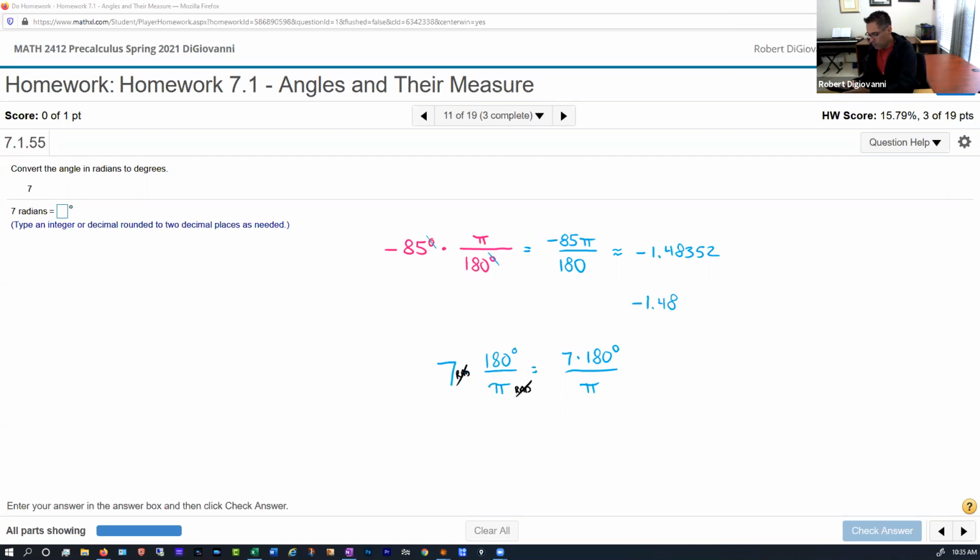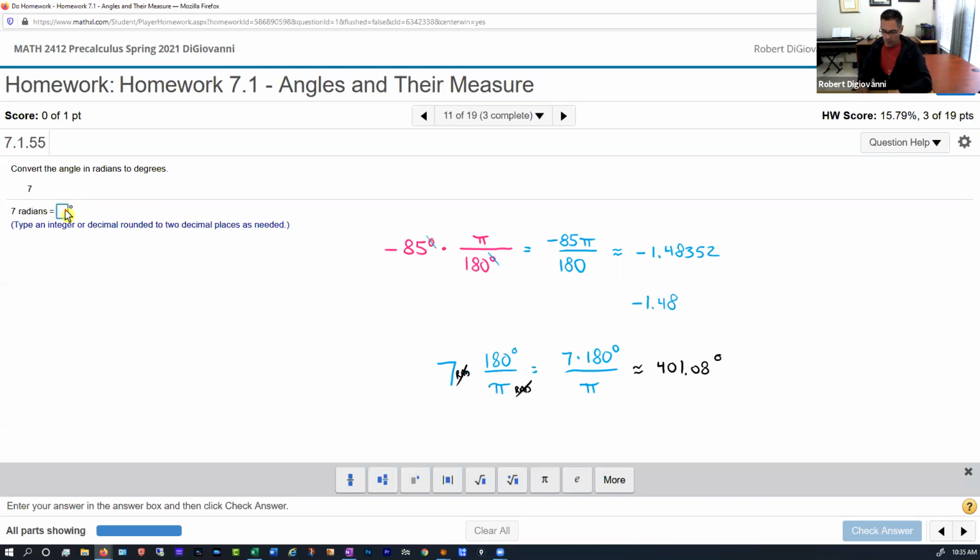So 7 times 180 divided by 3.1415. I'm getting about 400. It's about 401. They want it rounded to 2 decimal places. 0.08 degrees, because I've converted radians to degrees. So 7 radians is about 401.08 degrees.